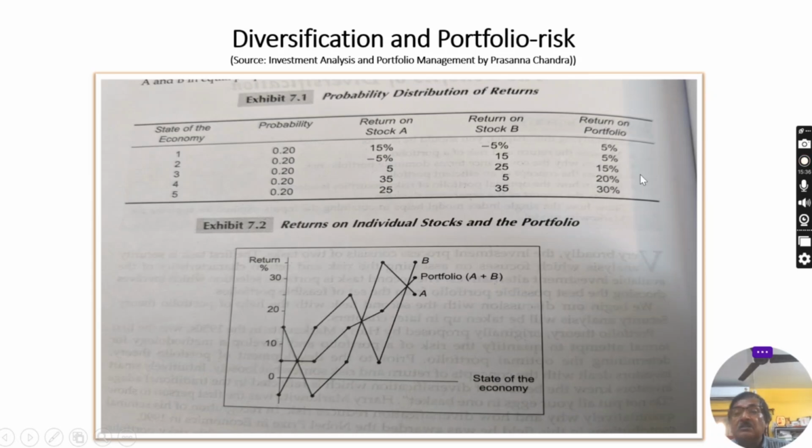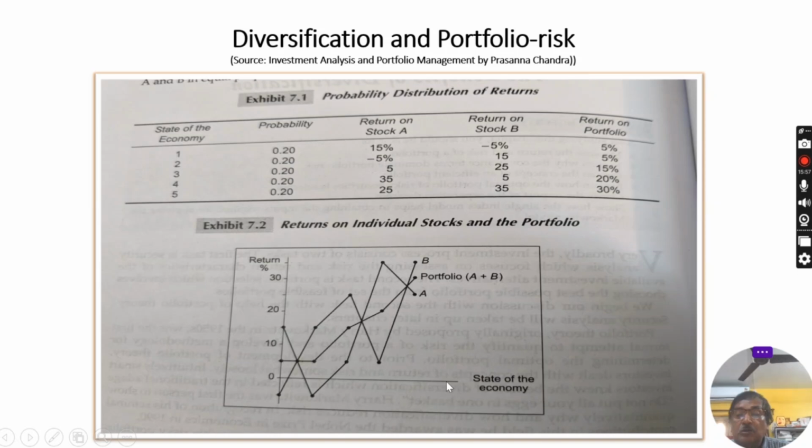In this way, this is the return for each state of economy if you form a portfolio. Now, first graphically I am showing how it is reflected in the graph paper. I am taking first the return of stock A. The first is 15%.